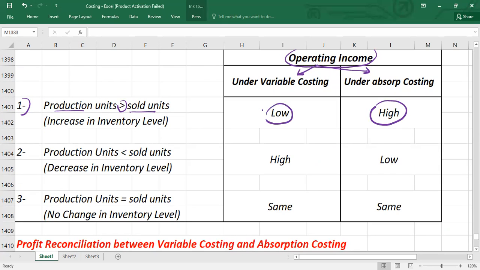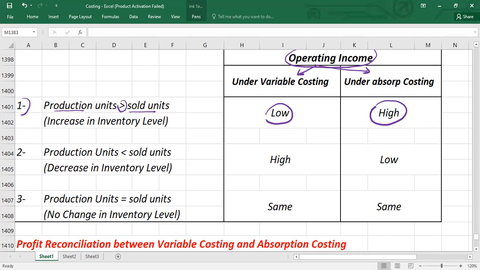Why does it happen? Because under absorption costing, some fixed costs are embedded in inventory, whereas under variable costing, all costs have been expensed. Therefore, when production exceeds sales, operating income is higher under absorption costing than it would be under variable costing.